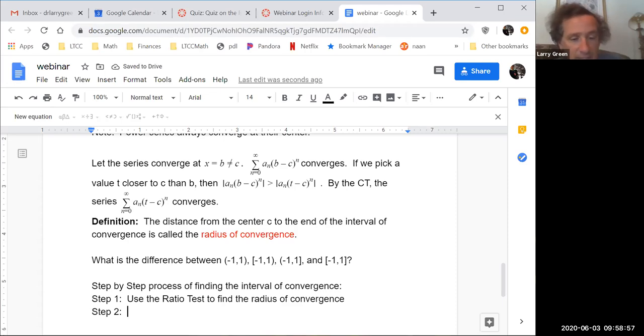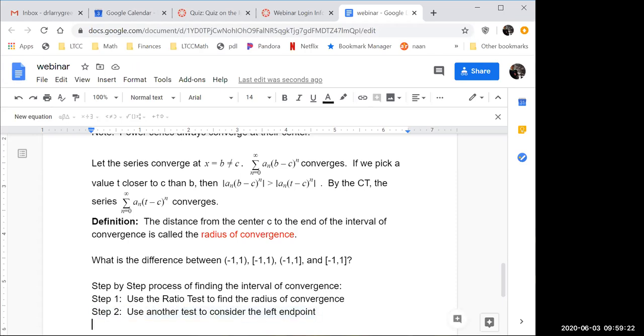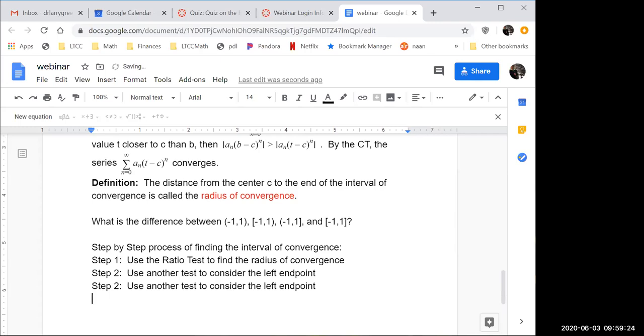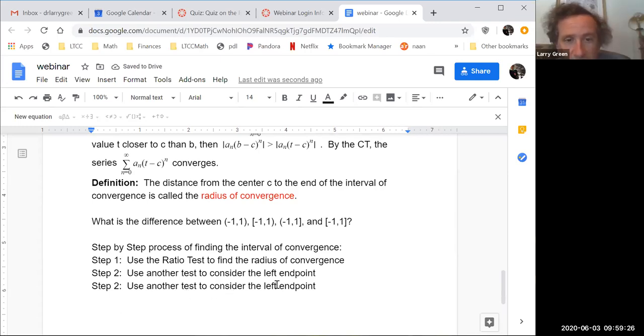Step 2 is use another test to consider the left endpoint. And then step 3, I'm going to copy and paste it because it's almost the same. Use another test to consider the right endpoint.